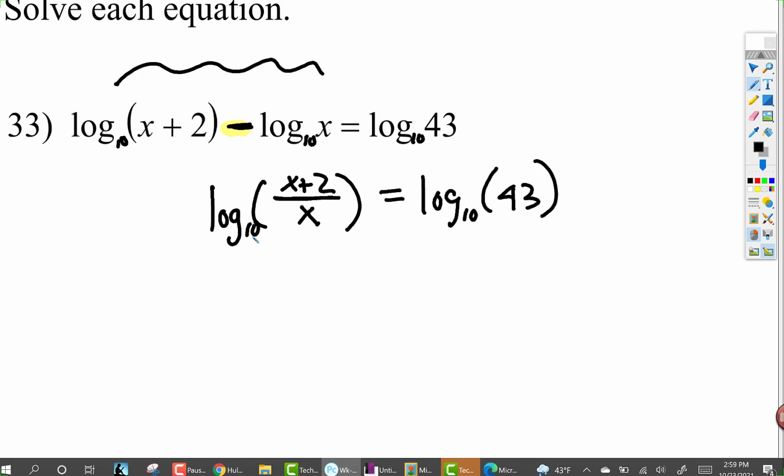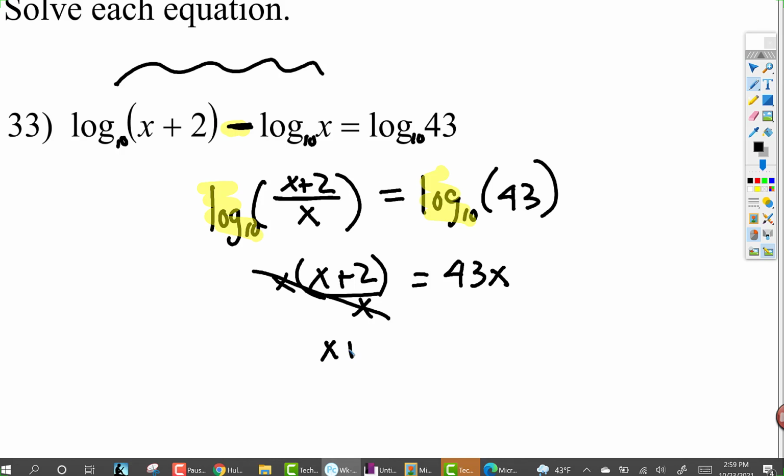Well, now that we have log base 10 equal to log base 10, we can ignore that, and we can just set the arguments equal to each other. We don't want this variable x in the denominator, so I'm going to cancel it on the left side by multiplying both sides by x.